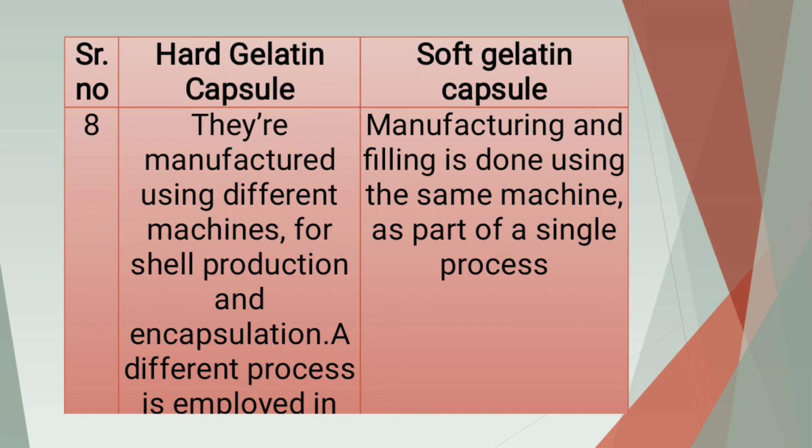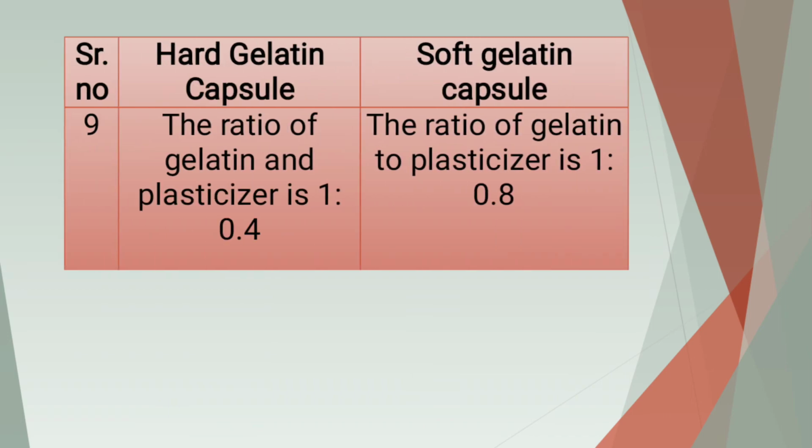Whereas for soft gelatin capsule, manufacturing and filling is done using the same machine as part of a single process. Then the next difference, for hard gelatin capsules, the ratio of gelatin to plasticizer is 1:0.4, whereas the ratio of gelatin to plasticizer for soft gelatin capsule is 1:0.8.